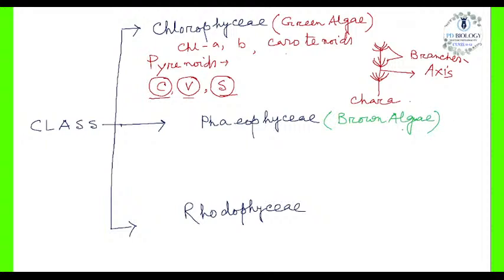They are found primarily in marine habitats. Unicellular forms are absent there. Here the pigments are chlorophyll A and chlorophyll C. Carotenoids are also there.